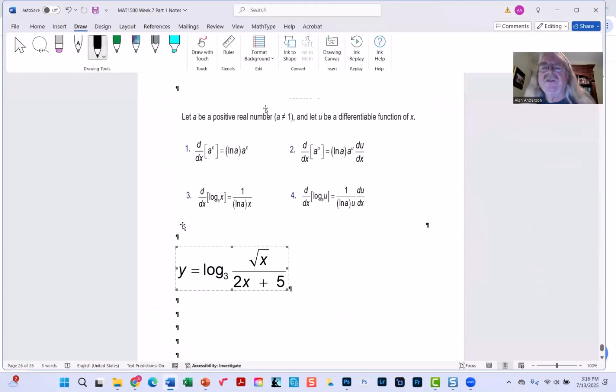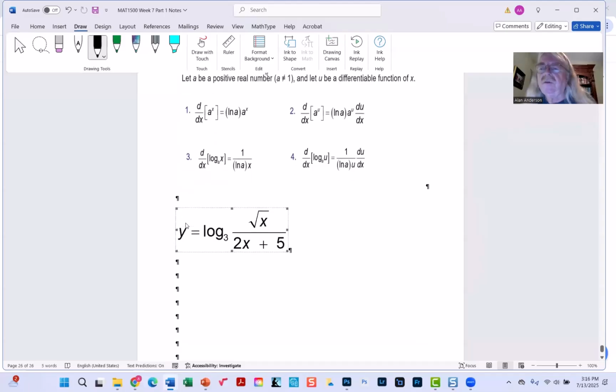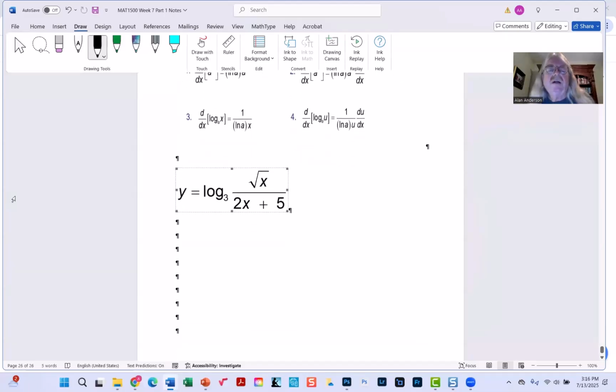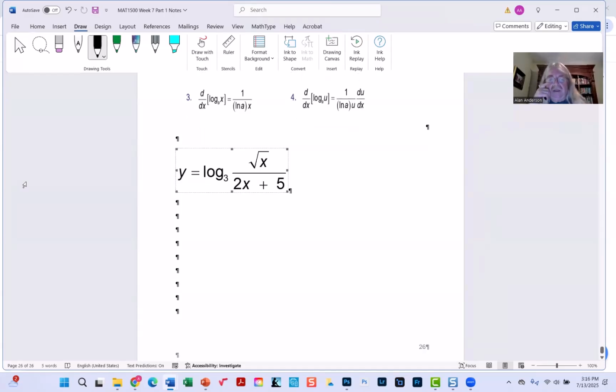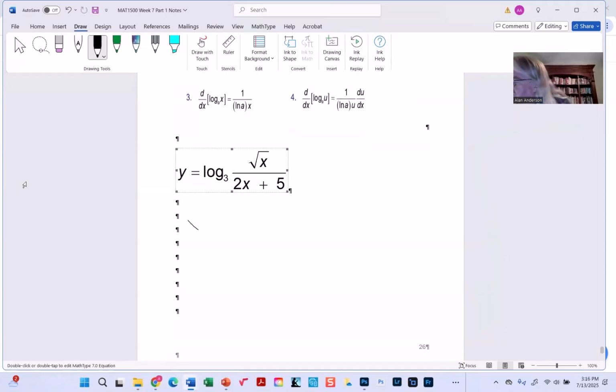So they want us to take advantage of the rules that we learned earlier. Because this is the log of a ratio, we can turn it into a difference.